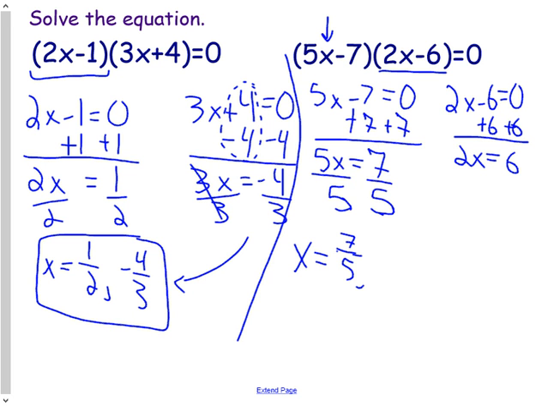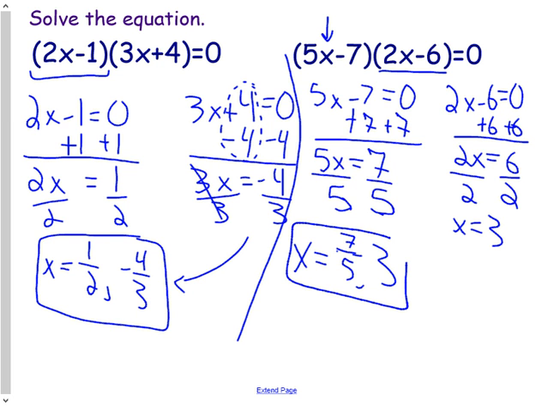That's a way to check. Divide by 2 on both sides, x equals 3, and I'm going to put that right next to my 7/5. If I plug 3 in here, 2 times 3, which is 6, minus 6 is 0, check. 5 times 7/5, the 5s cancel, so I get 7, minus 7 is 0, it works.